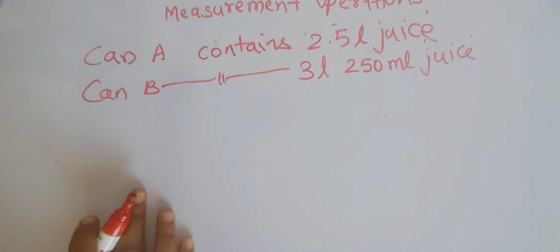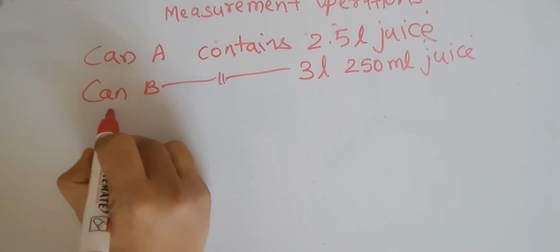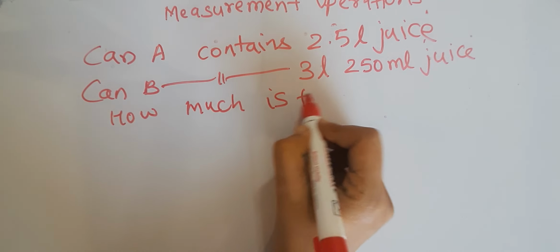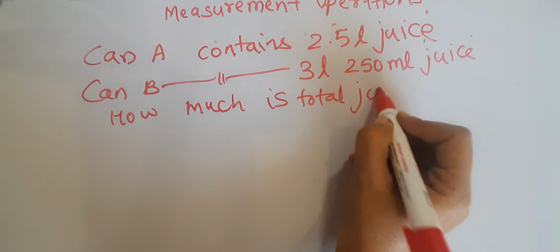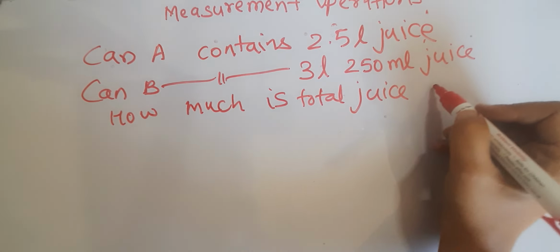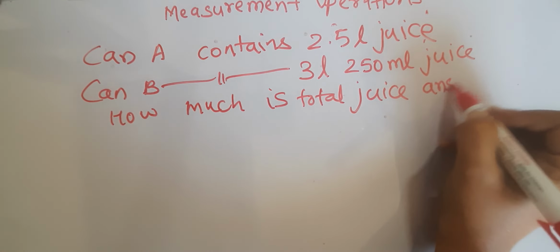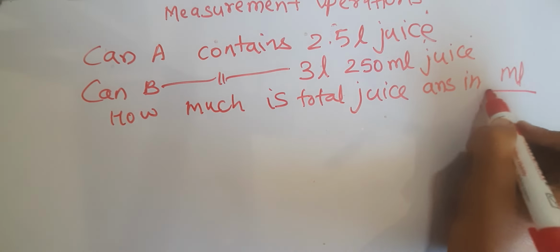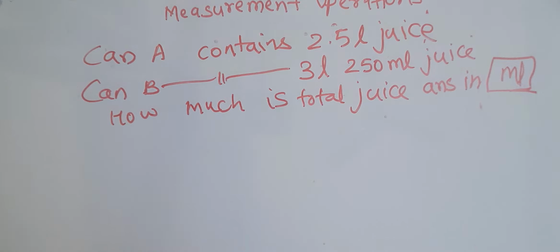The question is, if both these cans are mixed, how much is the total juice? They have also asked us to give the answer in milliliter. This type of sum, sometimes they ask us to give the answer in a particular unit.